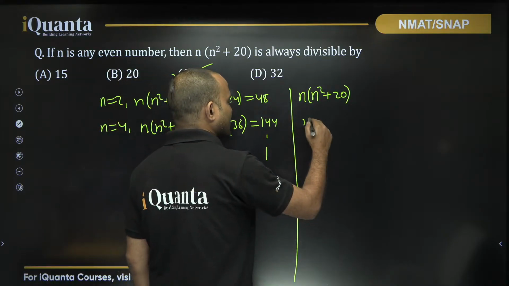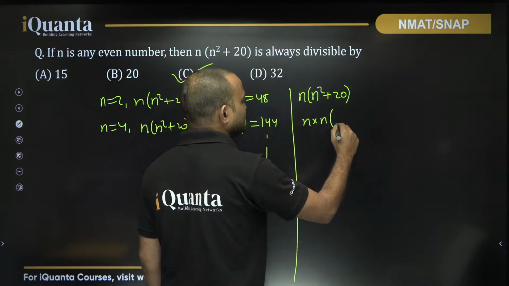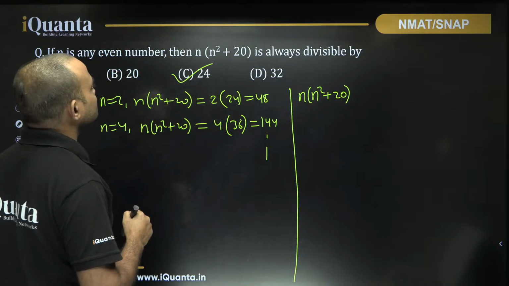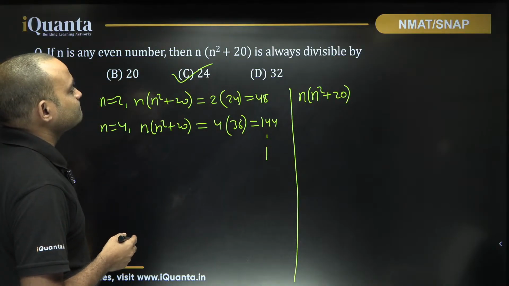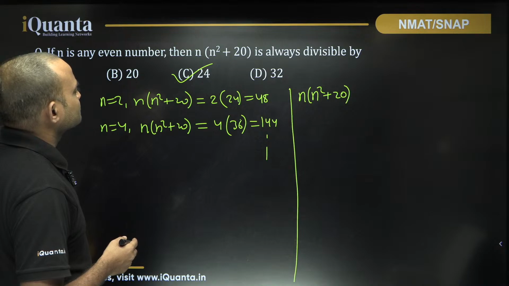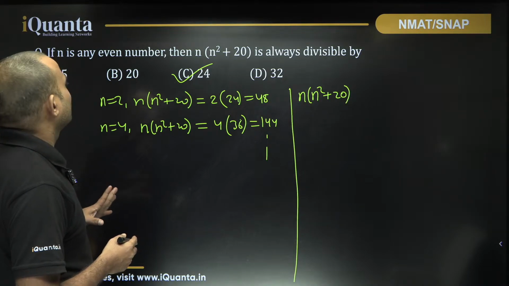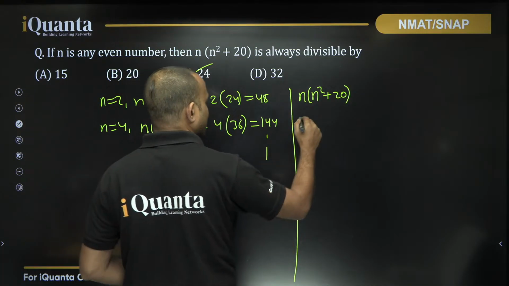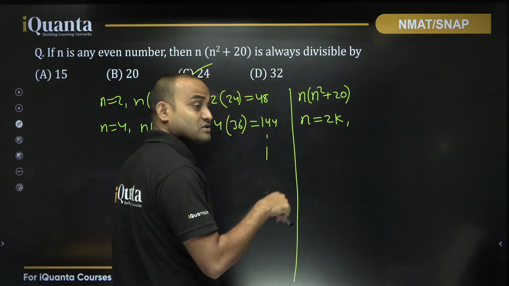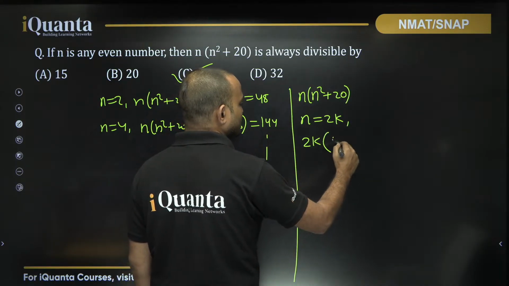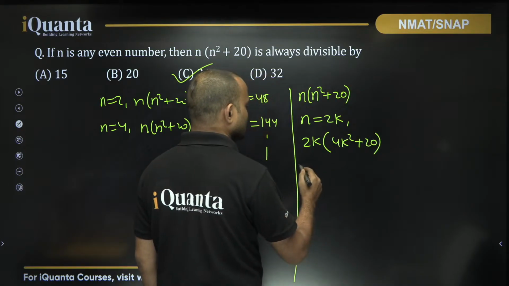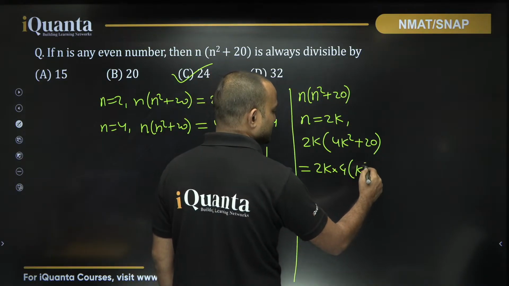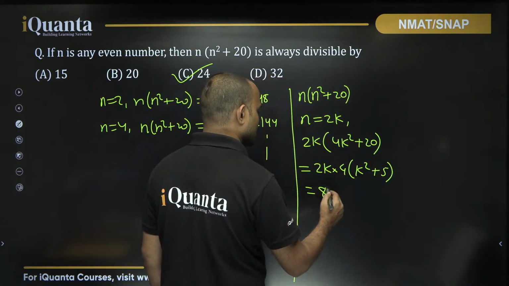तो इसे क्या लिख सकते हैं? n इंटू n स्क्वायर प्लस 20। n इवन नंबर है, n मान लो n इज इक्वल टू 2k because n is even, so we can write it as 2k into 4k square plus 20 और this can be written as 2k into, यहाँ पे 4 कॉमन ले सकते हैं, तो k square plus 5, this will be equal to 8k into k square plus 5.